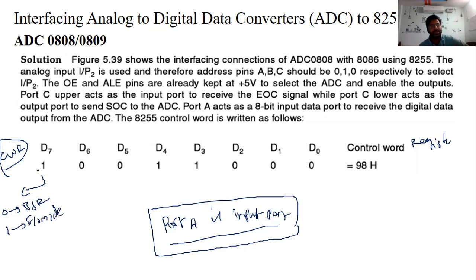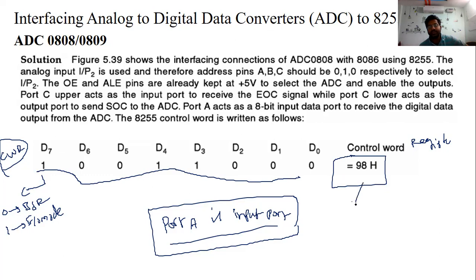So you write the code: in the CWR register, you fill the data like this, 10011000, which is nothing but 98H. This is the full form of 98H. That means port A works as an input port. Very easy.